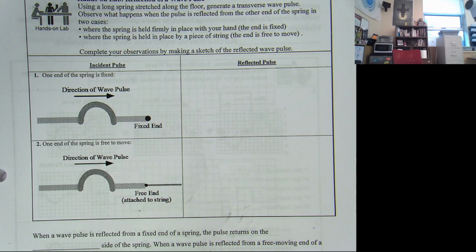So this is the demonstration of I'm going to send a single pulse down, and we're going to see what the reflection looks like bouncing off the fixed end. So I'm going to pull it this way. I've pulled it to my right, Lena's left. The pulse goes down. What happens?